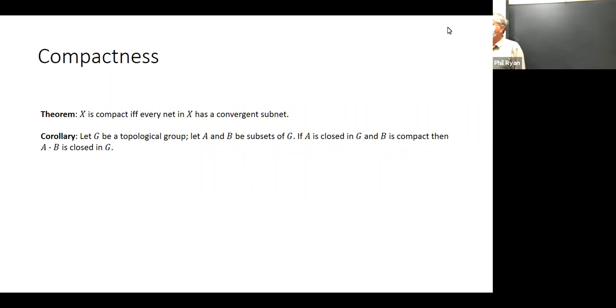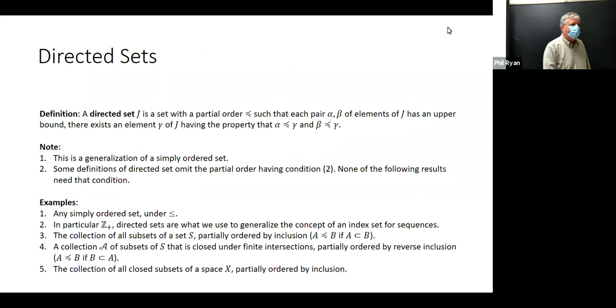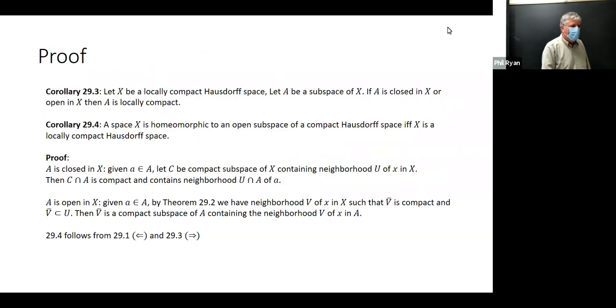But we saw that sequentially compact is not the same thing as compact. It is when we've got a metric space, but this shows you, okay, some sort of justification in defining nets.